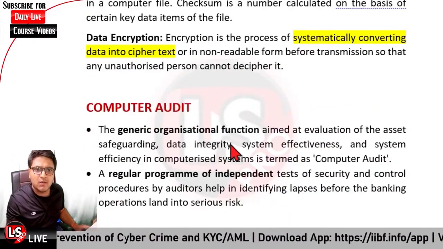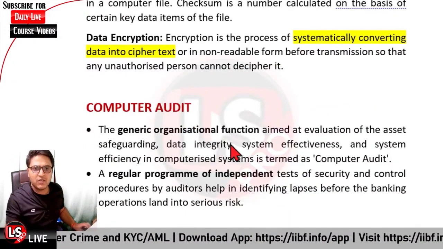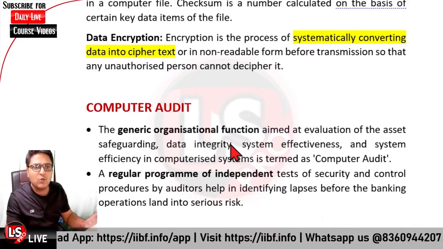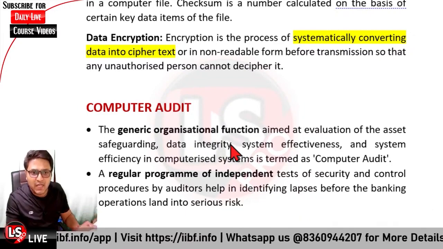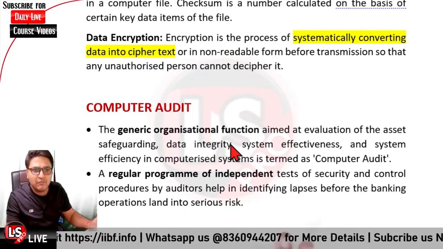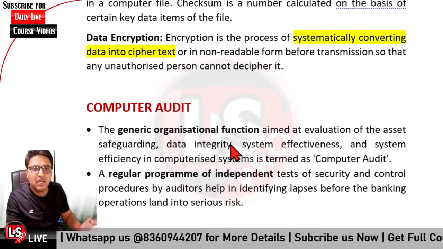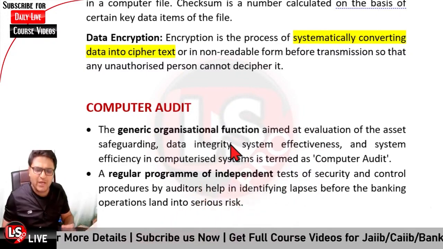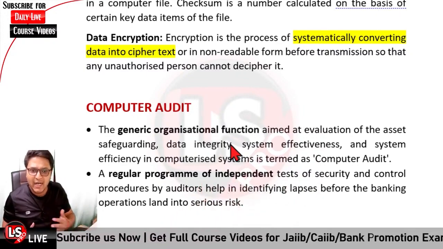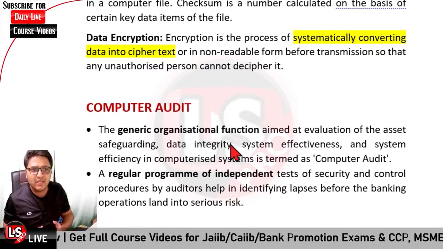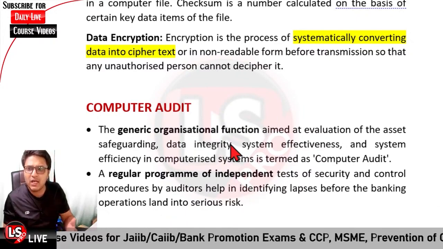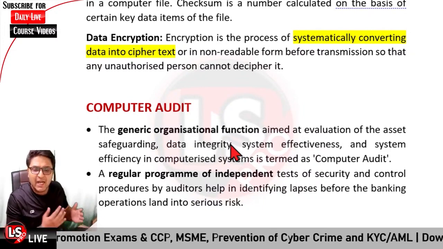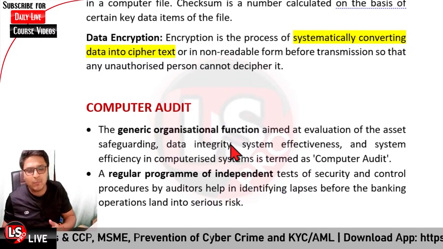And further, it is regarding the computer audit, the generic organization function aimed at evaluation of asset safeguarding, data integrity, system effectiveness, and system efficiency in a computerization system. Basically, when we are working in an organization and dealing with information technology, we want to evaluate how we are safeguarding our assets, how data integrity is effectively being maintained, and whether the system is working efficiently or not.